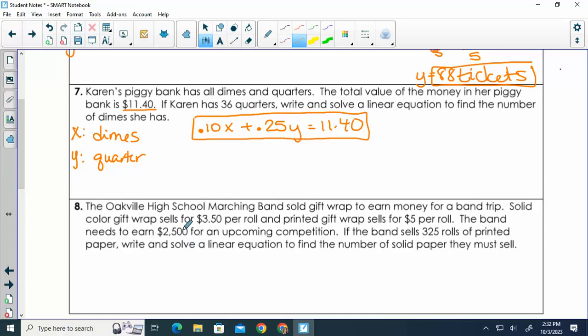Now, it tells me I have 36 quarters. So what variable am I putting that in for?